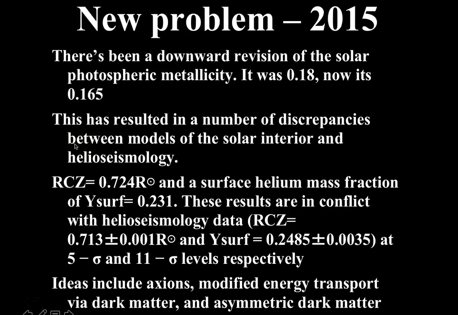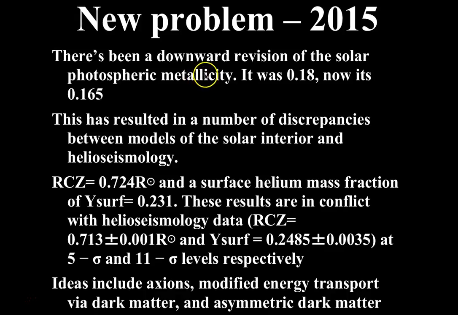All right, now a new problem has surfaced back in 2015. I suppose I'm touting myself and trying to keep up to date. This new problem has to do with helioseismology, which, as I said before, allows us to determine what's inside. This is allowing us to figure out the metal content of the sun. Metals for an astronomer is anything other than hydrogen and helium.